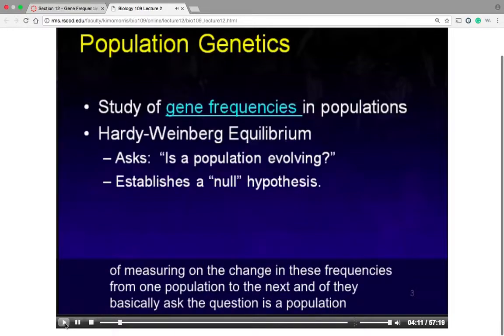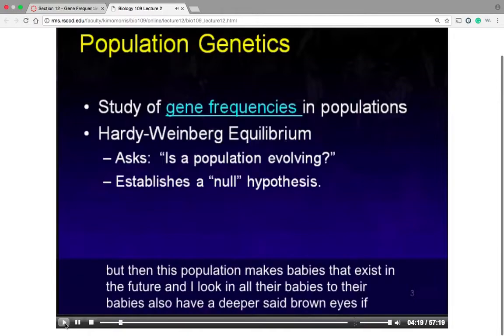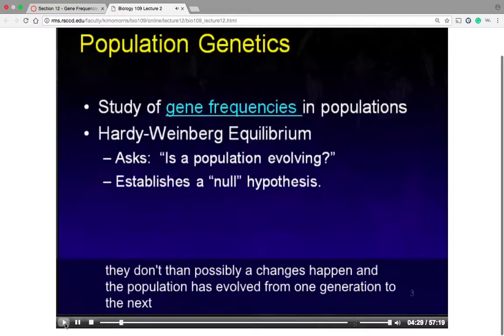They basically asked the question, is a population evolving? That is, if I notice that 80% of a population has brown eyes, but then this population makes babies that exist in the future, and I look at all their babies, do their babies also have 80% brown eyes? If they don't, then possibly a change has happened and the population has evolved from one generation to the next.